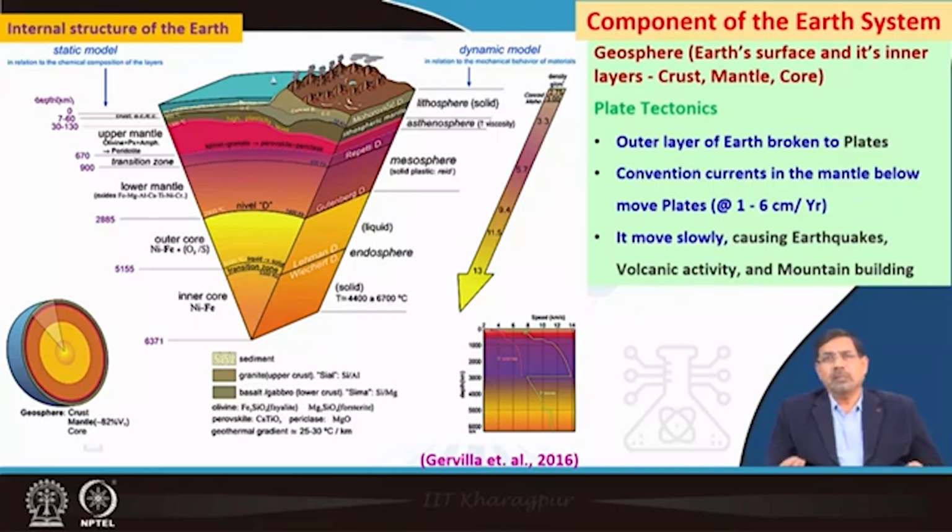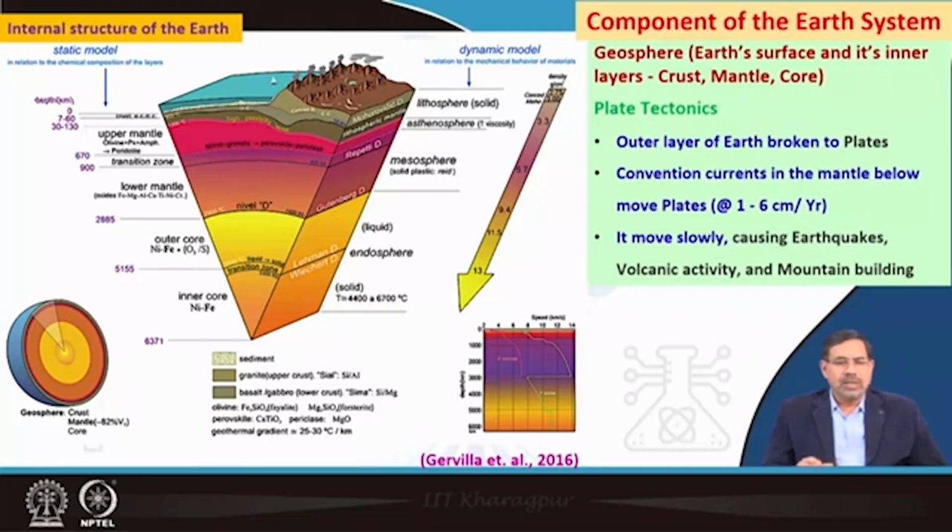But the convection currents in the mantle below lead to plate movement to the tune of 1 to 6 centimeter per year. This slow movement is reflected in earthquakes, volcanic activities and mountain building. All this we realize, and we have been realizing them more frequently these days in this warming world.